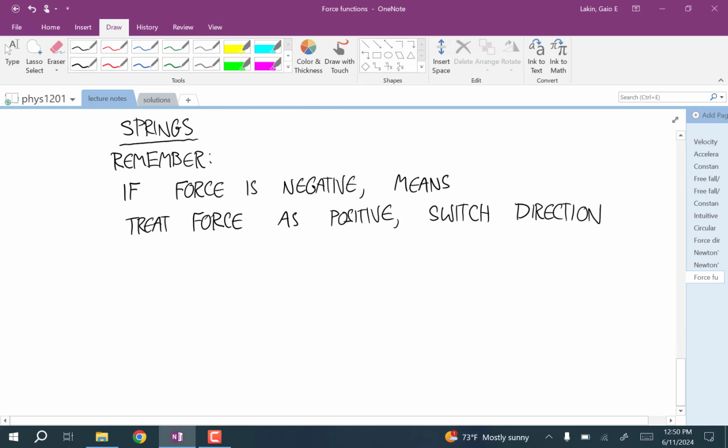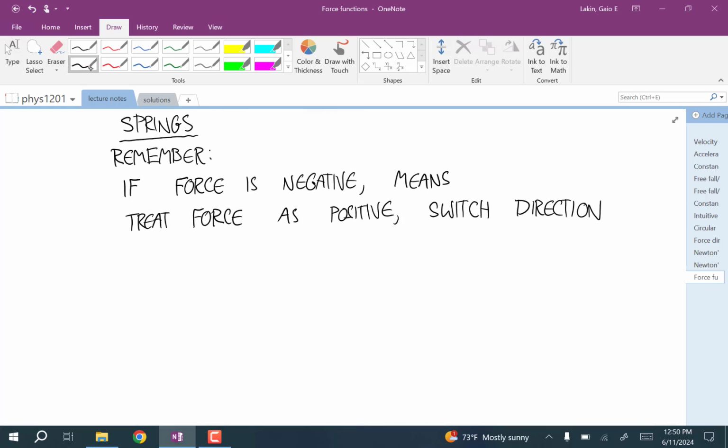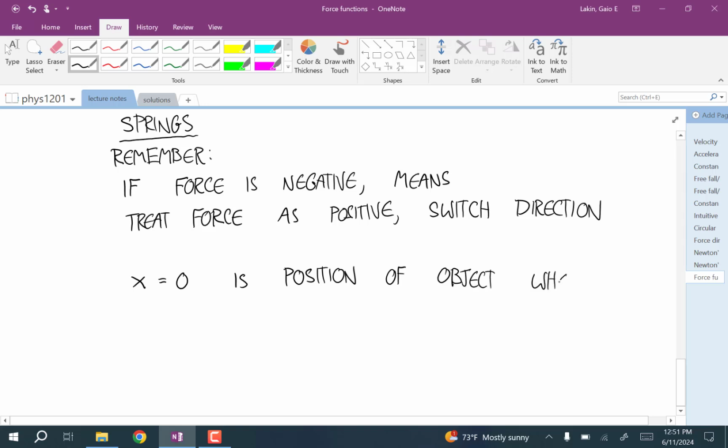Okay, so with forces, we're always going to think of the x equals 0 location as representing the position of the object when the spring is at its resting length.